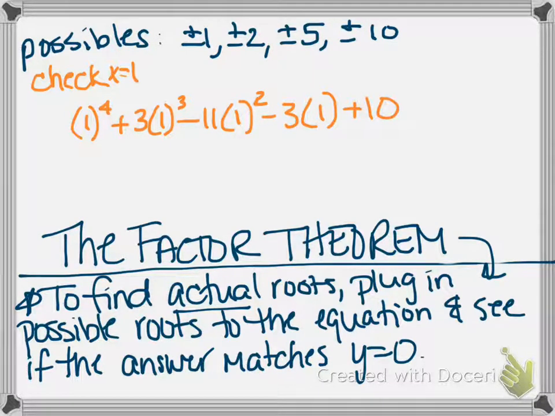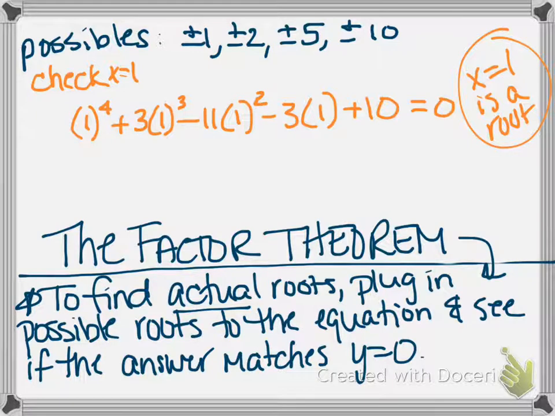So I just took the equation from example 2 and checked if 1 is a solution. When I solve this, I get 0. So what that means is x equals 1 is a root.